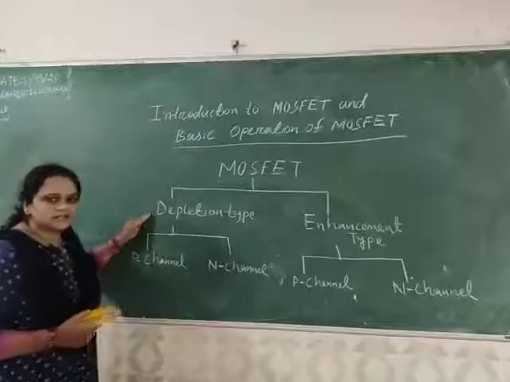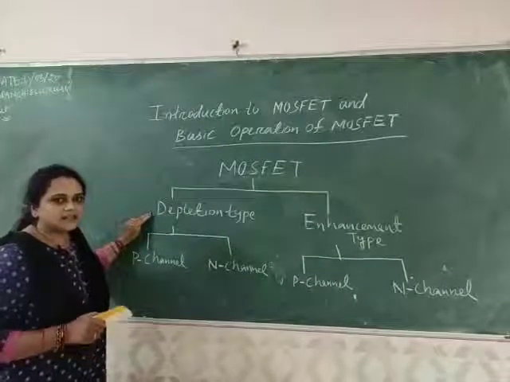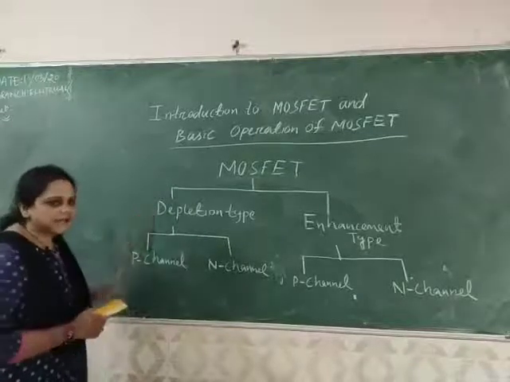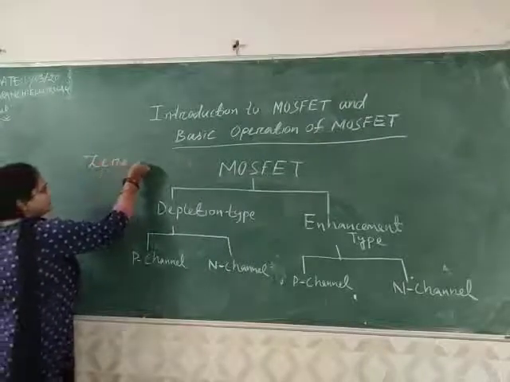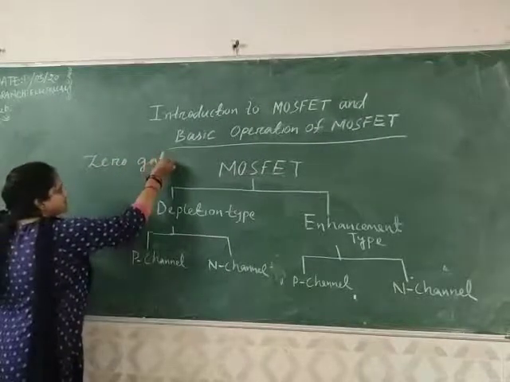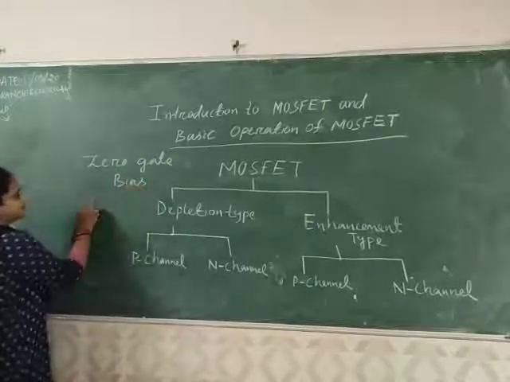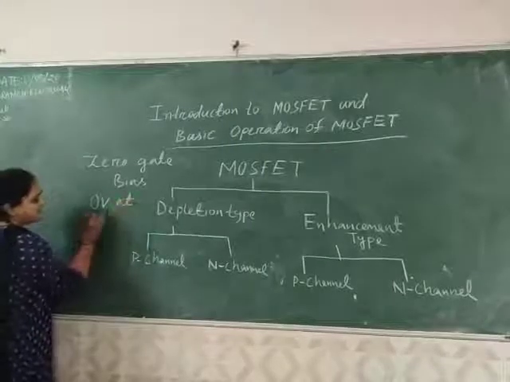In a depletion type MOSFET, there is a channel present in the device at zero gate bias. Zero gate bias means when there is 0 volt at gate terminal.